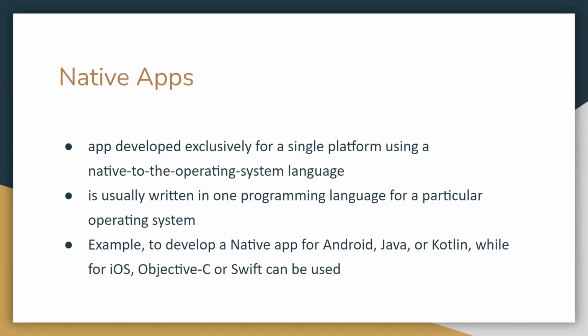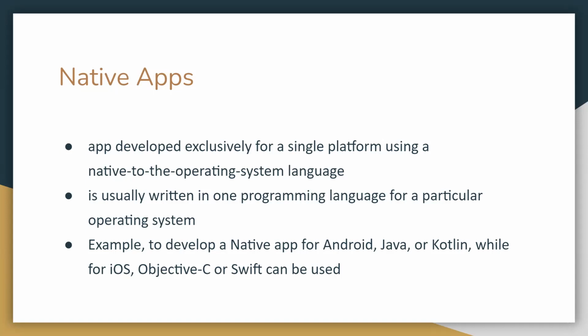Native apps are apps developed exclusively for a single platform using a language native to the operating system. It's usually written in one programming language for a particular operating system.